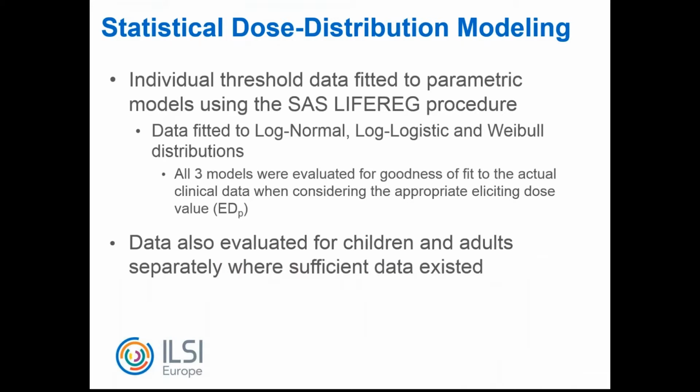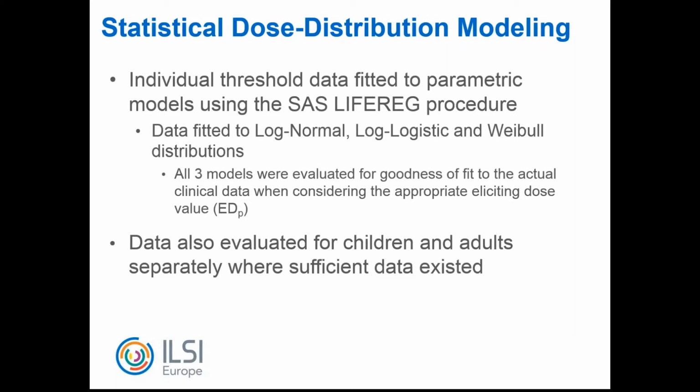We looked at all three models at this point because currently there is no biological reasoning to prefer one model over the other. So with that, we looked at the goodness of fit across all of the models, and especially looked at how the models fit the actual data. So another important point I'll illustrate here shortly.